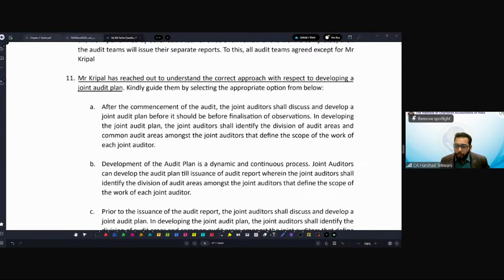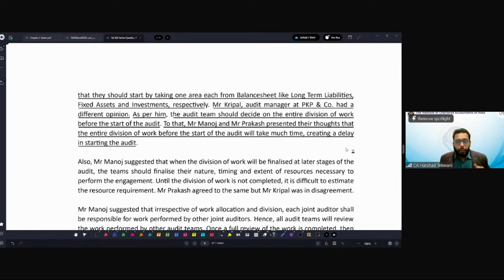Okay. So usually what happens is, when it comes to the audit, joint auditors are required to discuss the audit plan and develop a joint audit plan prior to commencement of the audit. Prior to commencement of the audit, not at a later stage. So in the current case also, creating the audit plan later on or throughout the audit is not a correct approach.